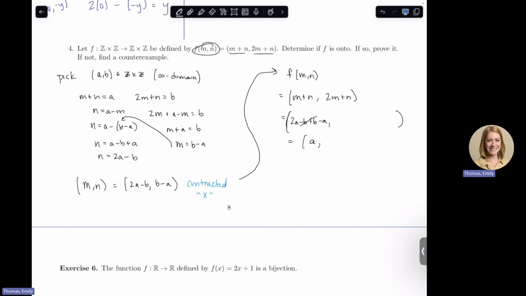I switched these. Look, I did. M should go there and N should go there. M is B minus A. Thanks, Emily. N is 2A minus B.